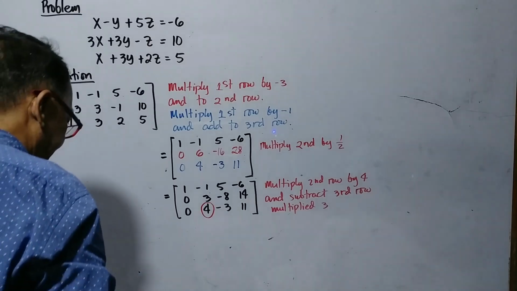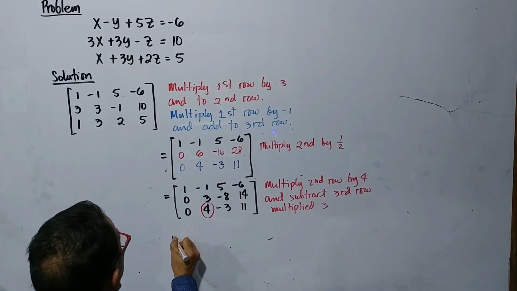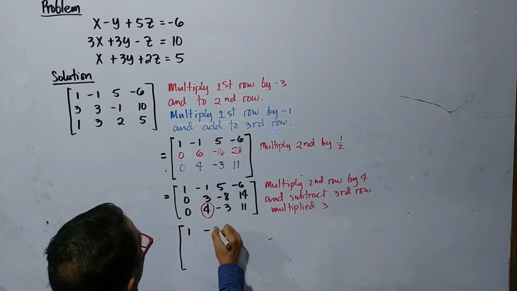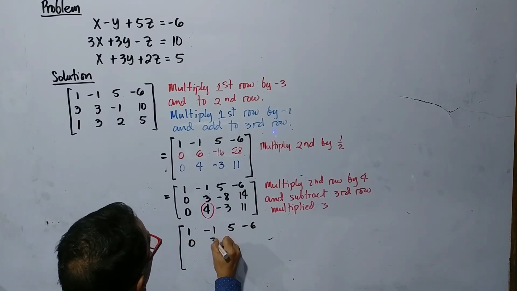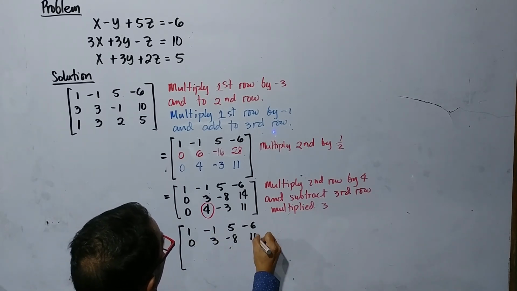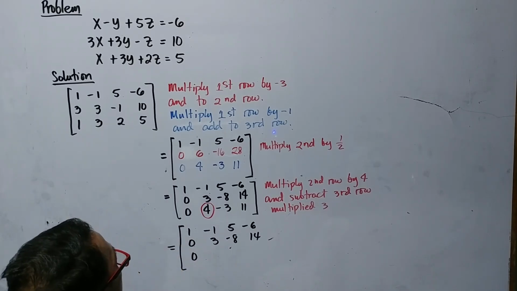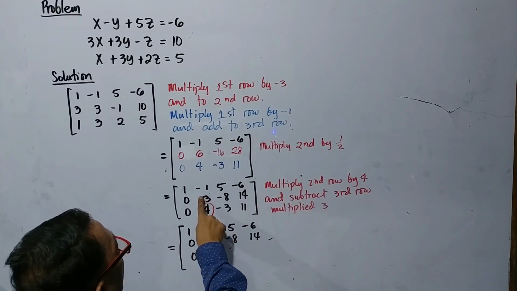Let's start. So we have, multiply second row by 4.